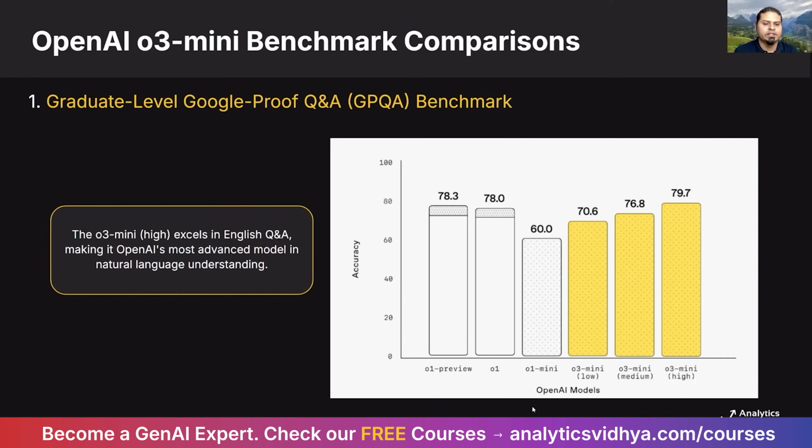And as you can see, it does a pretty good job based on the visualization on the right-hand side. o3-mini, especially the high reasoning level, excels in this dataset, making it OpenAI's most advanced model in natural language understanding as compared to the previous reasoning models, o1 series of models.